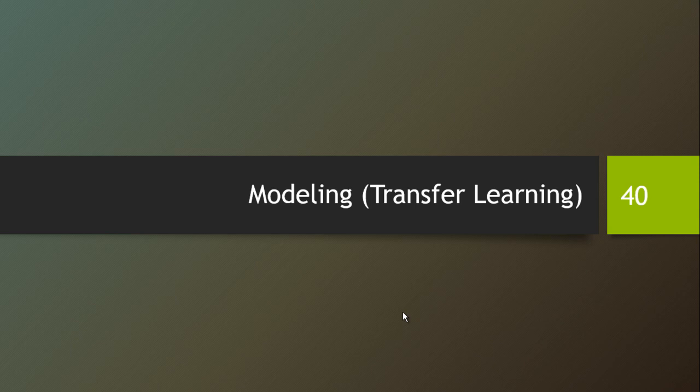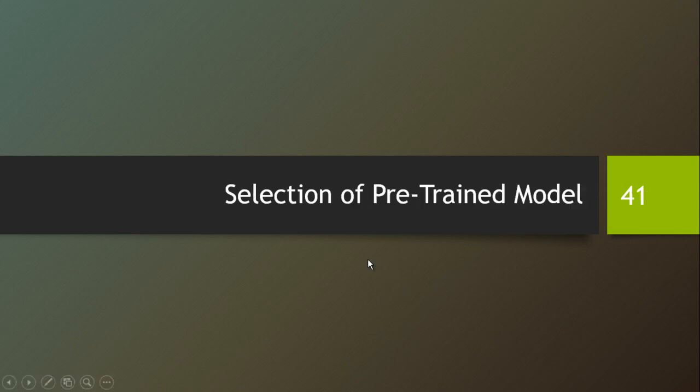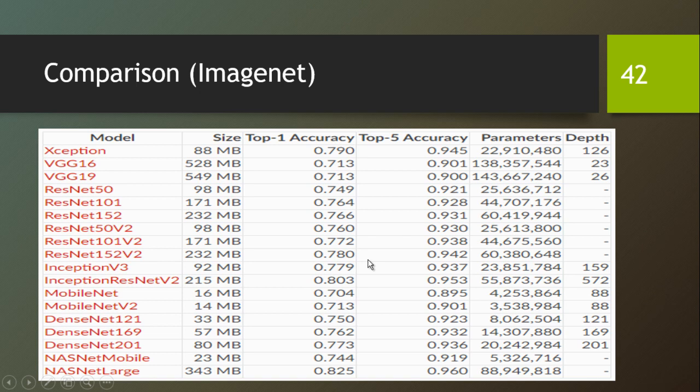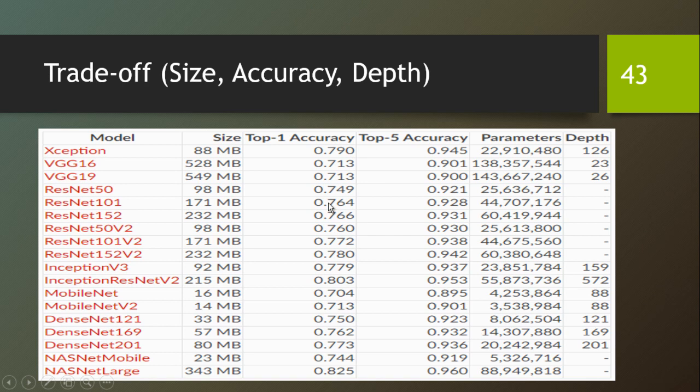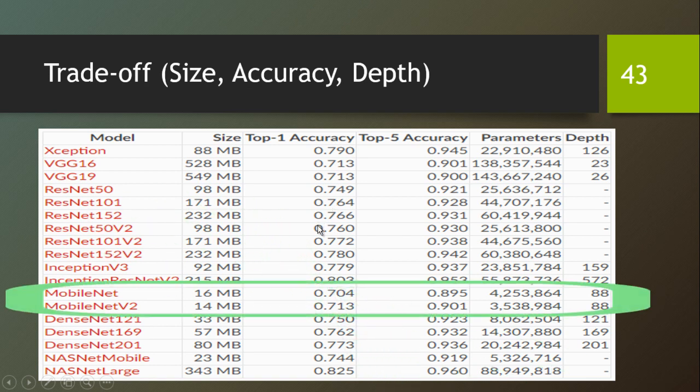Catering to the above challenge, I used the transfer learning technique. Which pre-trained model should I adopt? The decision was taken by referring to the Keras TensorFlow documentation, where they reported results taking the ImageNet dataset as a benchmark. I set two parameters to evaluate the model: first the size of the model, and then the top 1 and top 5 accuracies, and finally I selected MobileNets.